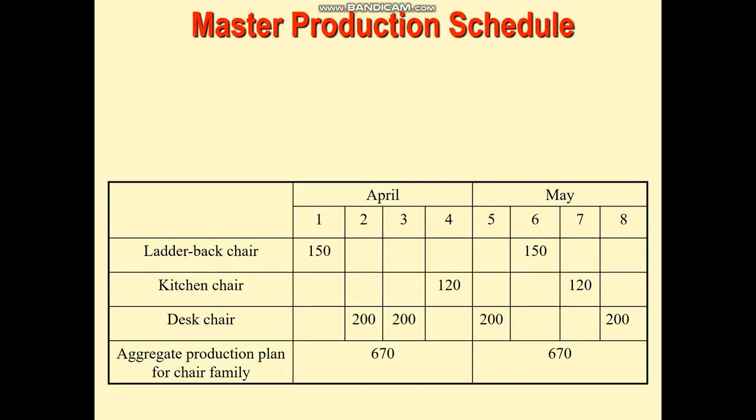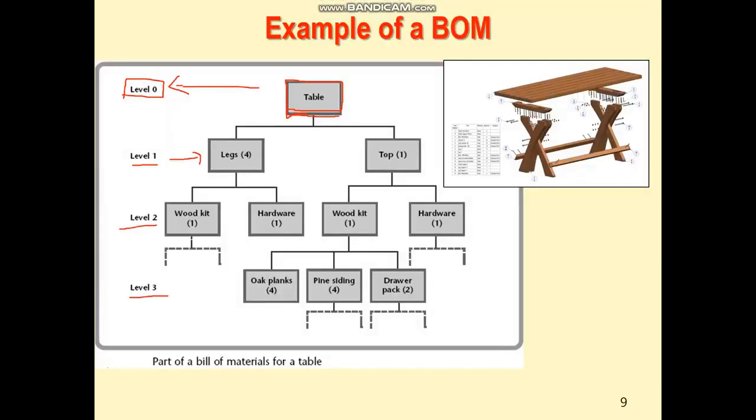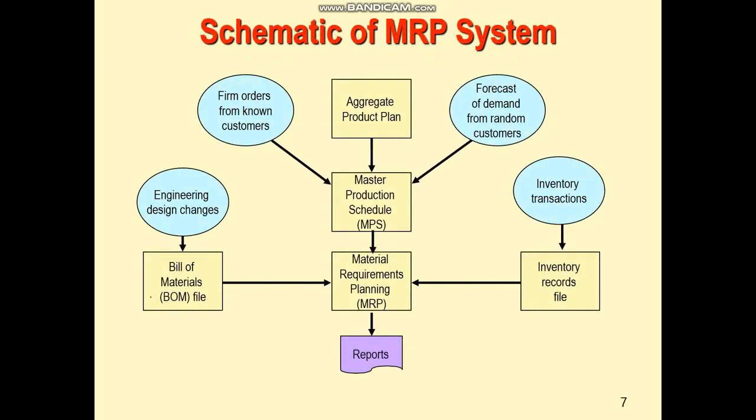How about the master schedule? For the master schedule, we base it on the customer orders and also the forecast demand, right? Do you still remember here? We base it on the orders from the known customer and also the forecast demand from the random customer.